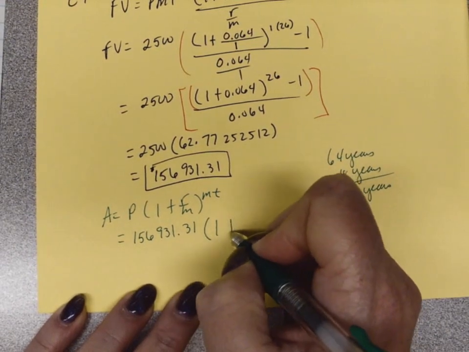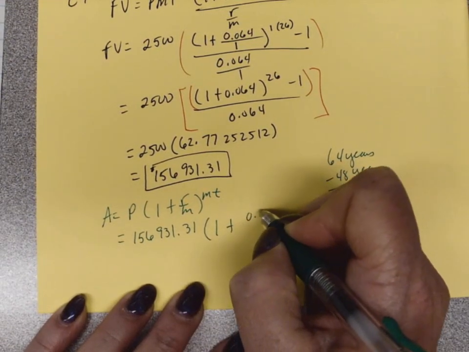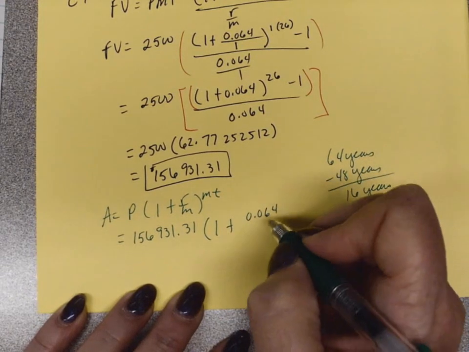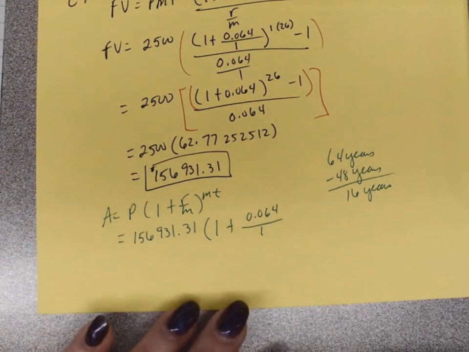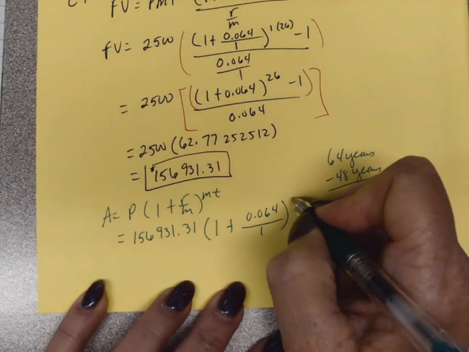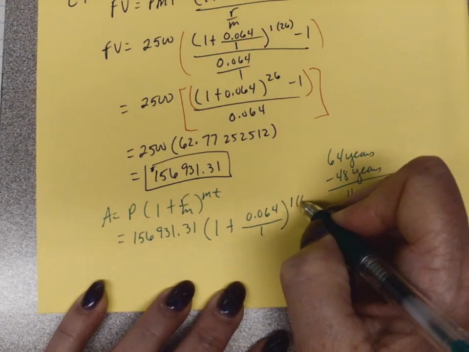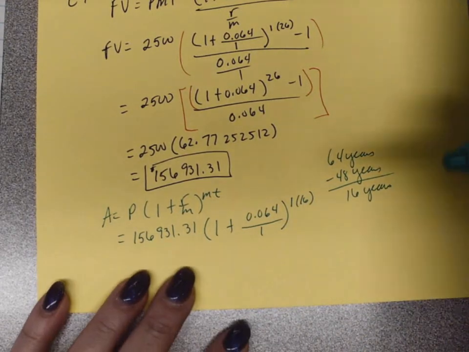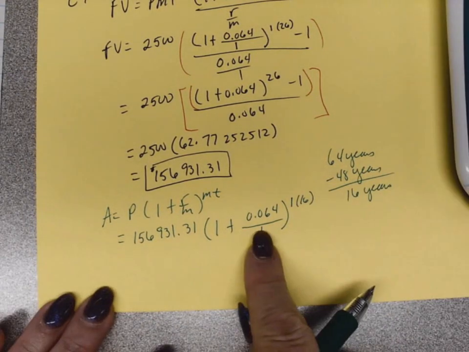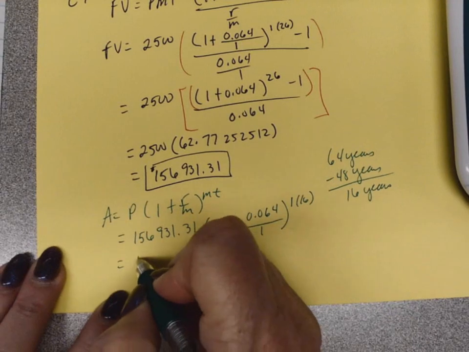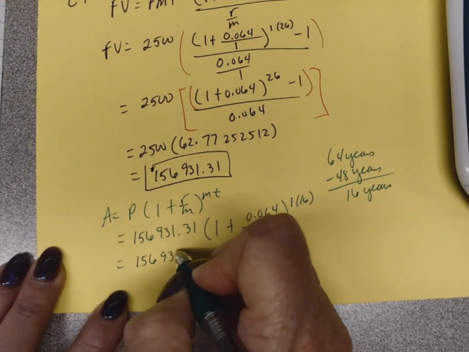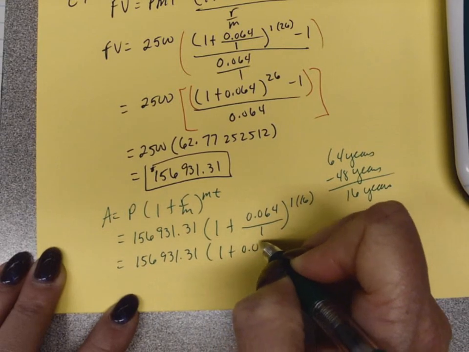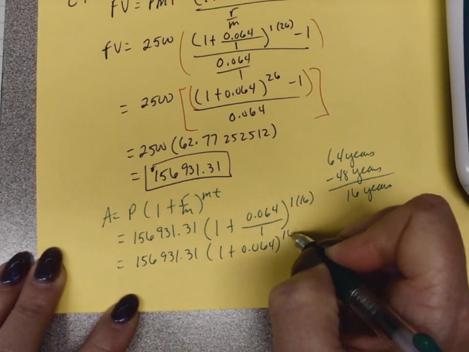And it's going to have 1 plus 0.064, because it's the same interest rate, divided by M equal to 1, raised to M equal to 1 times 16 years. All right, now what we can do is simplify this. We don't need those ones. So 156,931.31 times 1 plus 0.064 raised to the 16.